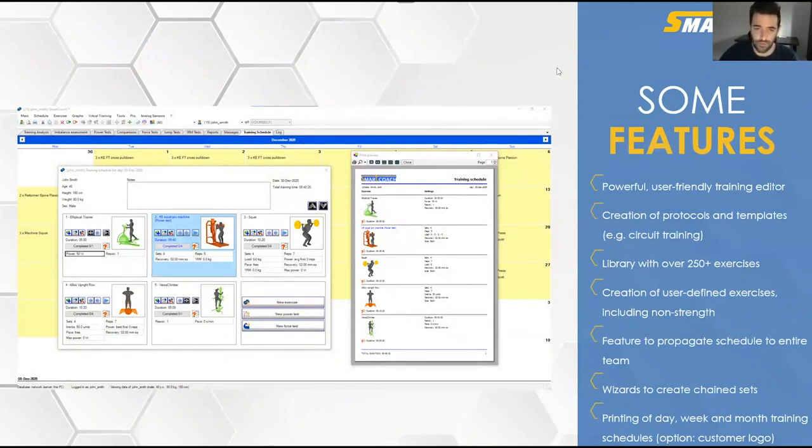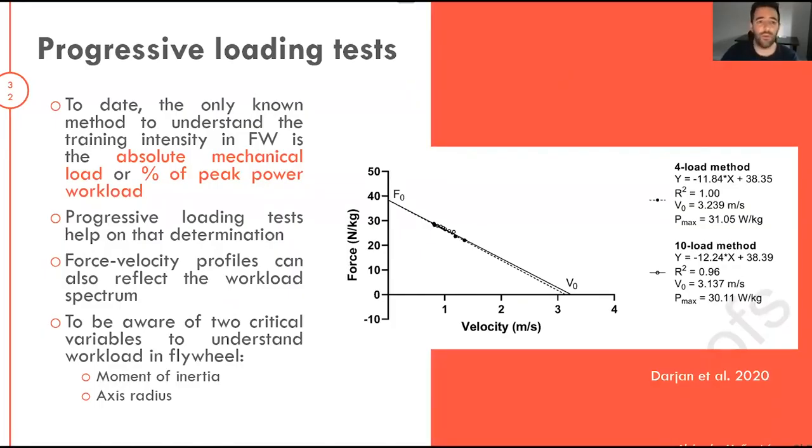But if we focus on the flywheel, one of the good options it has is that you can do progressive loading tests. Just recently, in the last 2 years, the research being done is more related to understanding the mechanical characteristics and the intensity and volume of the flywheel devices.